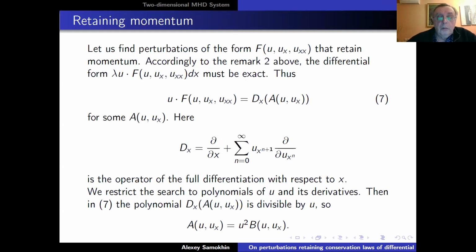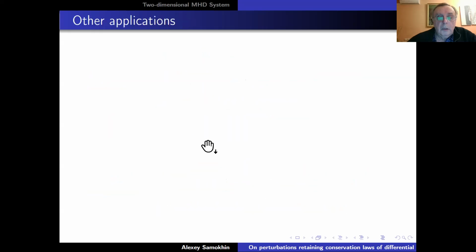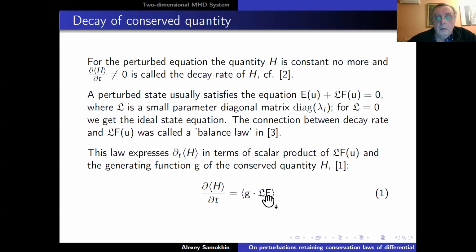We want to obtain a perturbation which retains momentum. I return back and remind that this right-hand side must be the full derivative.